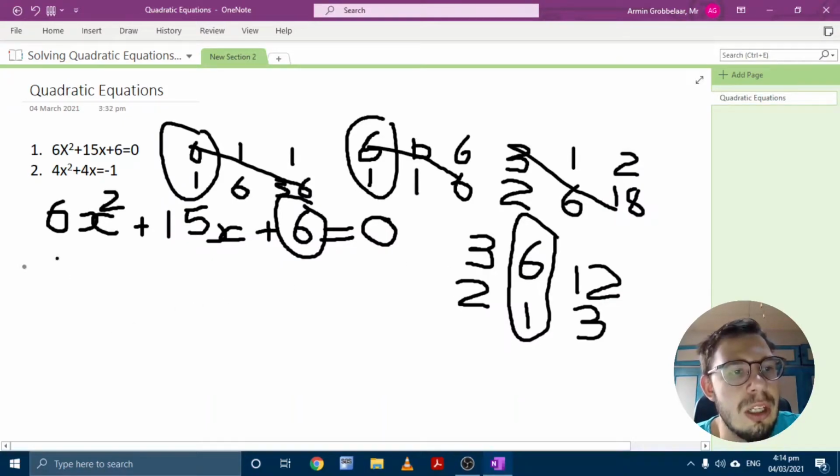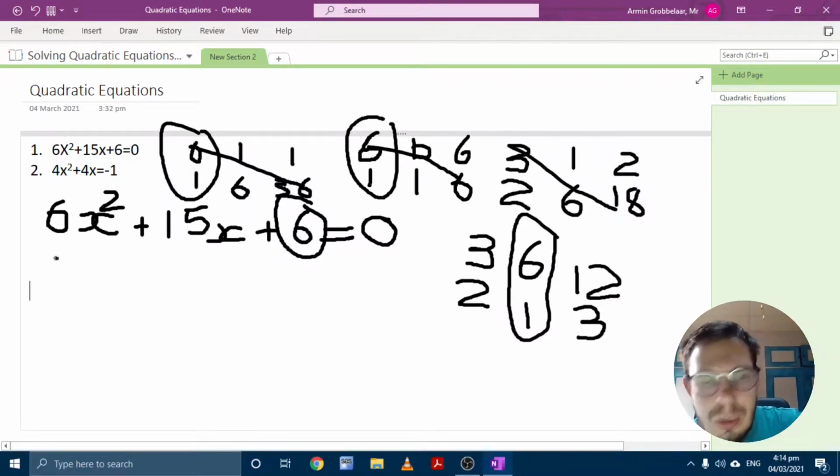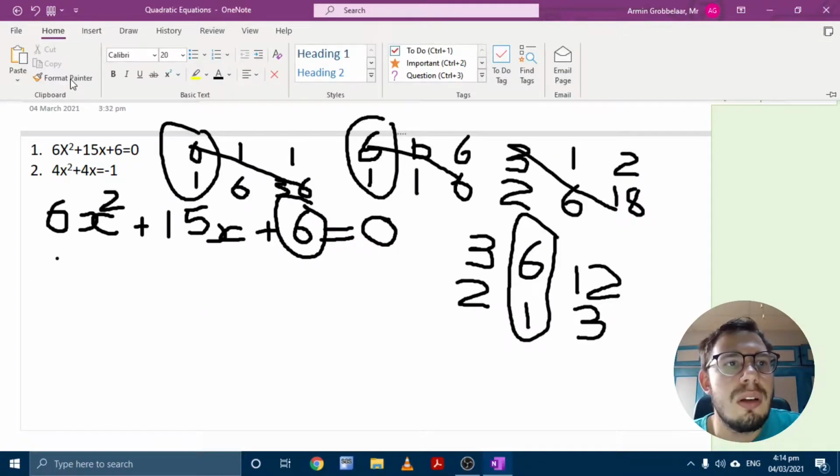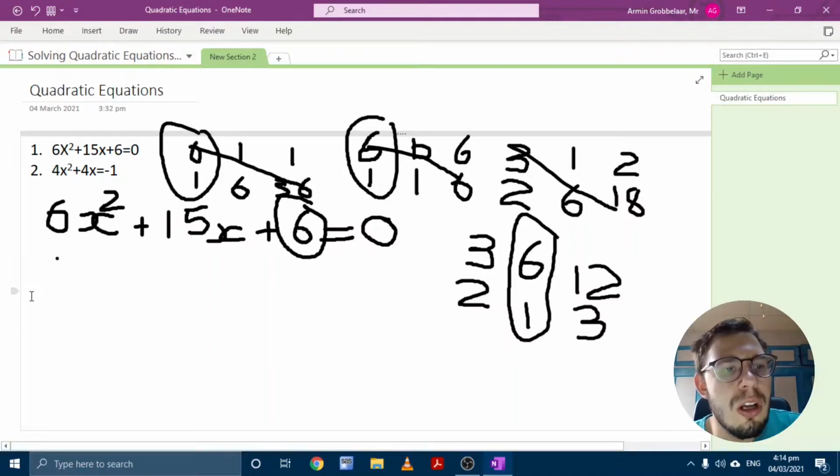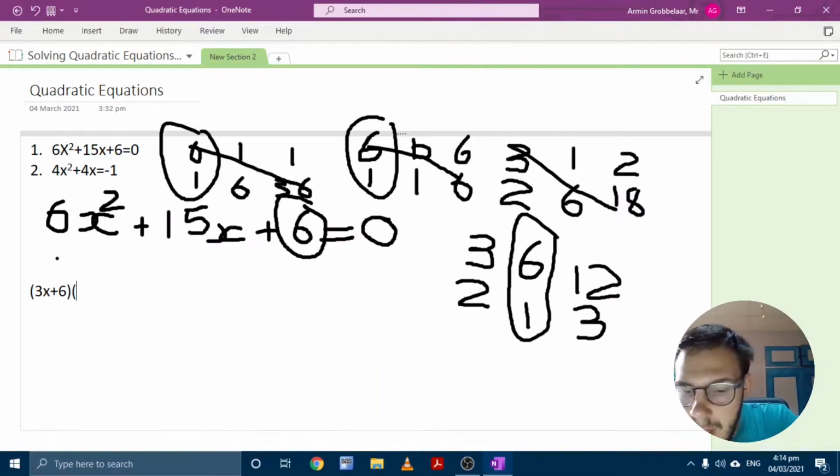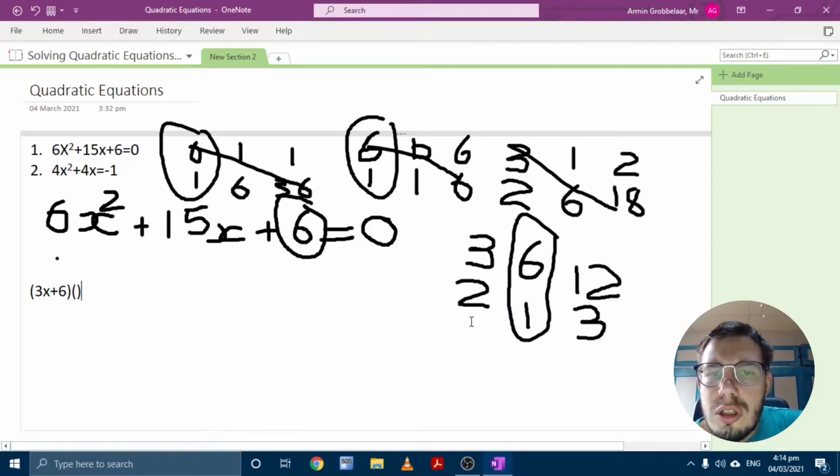Now how we use this is we look across, so it's 3x plus 6 times 2x plus 1 is equal to 0.